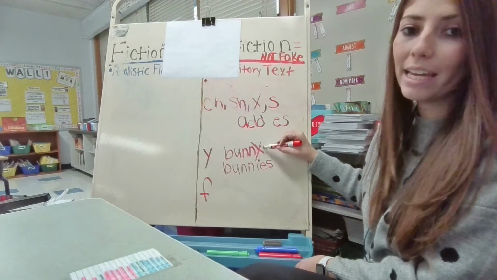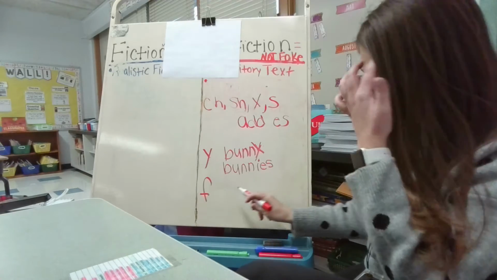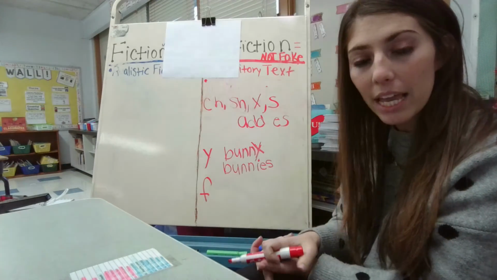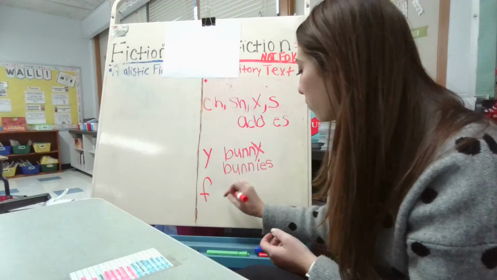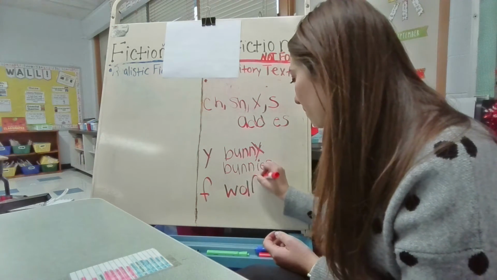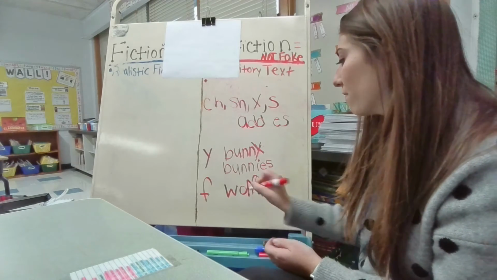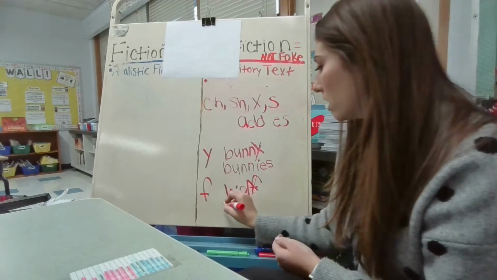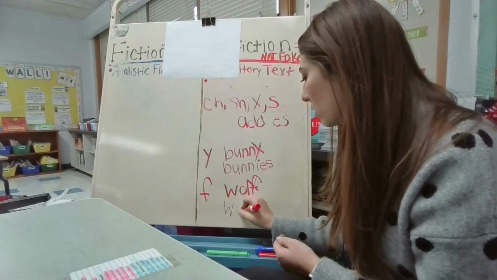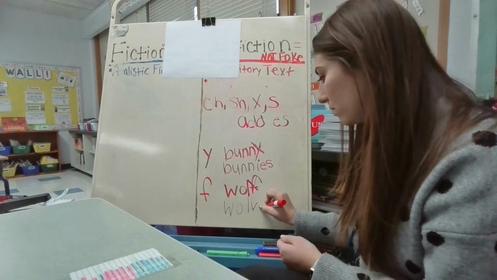Change the Y to an I and add ES. If your word ends in F, like wolf, you change the F to a V. And add ES.